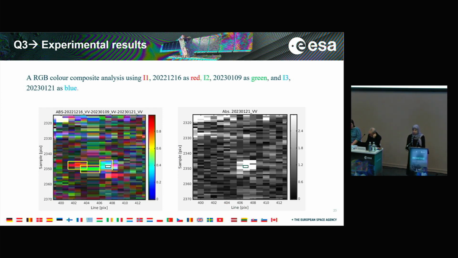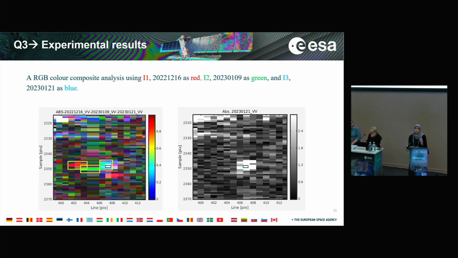We also looked at the RGB color composite analysis using the images acquired after each layout: I1 as red, I2 as green, and I3 as blue.